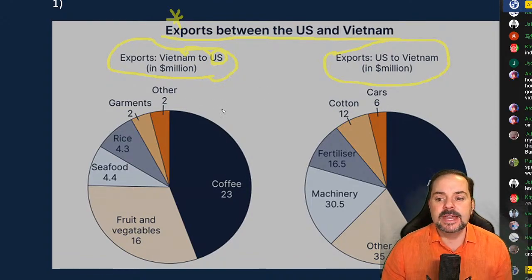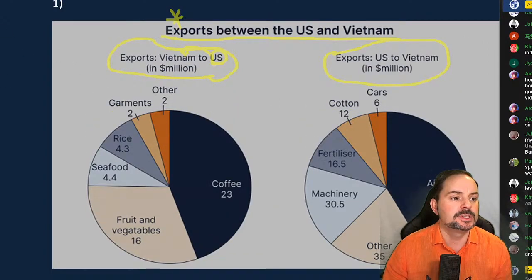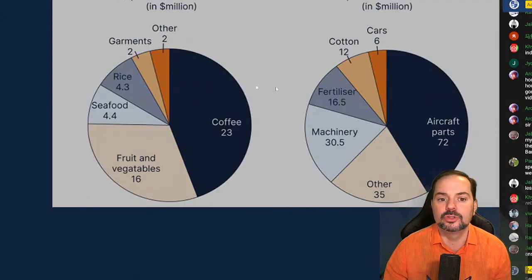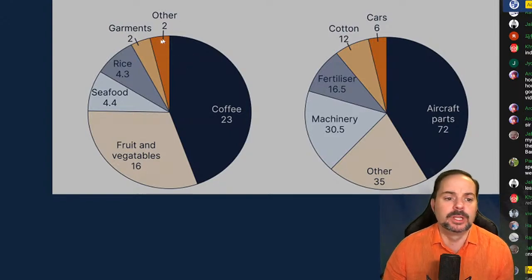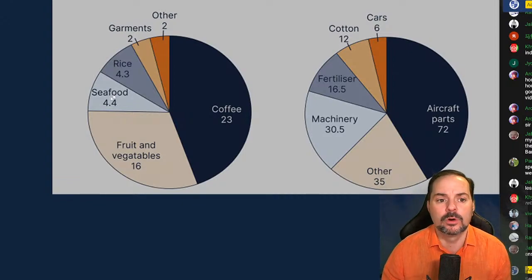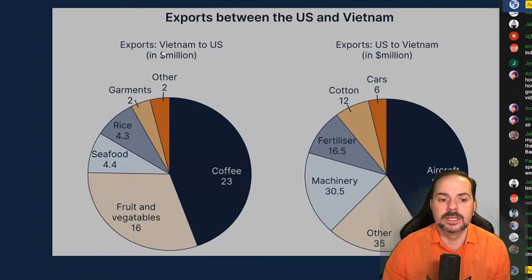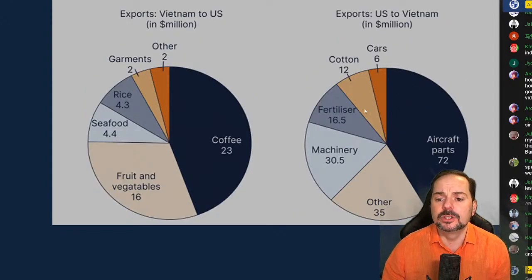All right, and then we take a look at the actual graphs themselves. So here are the two pies. At the start, you don't really need to get into these small pieces like rice 4.3, seafood 4.4. You don't need to pay too much attention to that. And we're looking at millions of dollars, obviously. But we don't need to look at the small details yet.